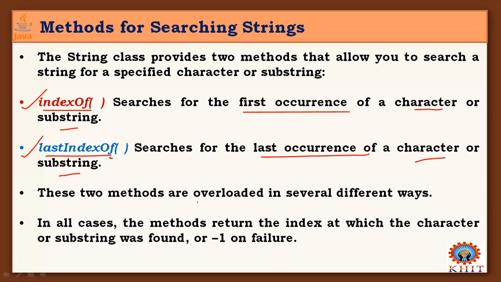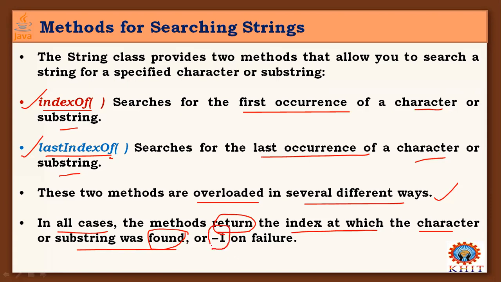These two methods are overloaded in several different ways. In all those cases, the method returns the index at which the character or a substring was found, or simply it returns -1 on failure to find that character or substring.